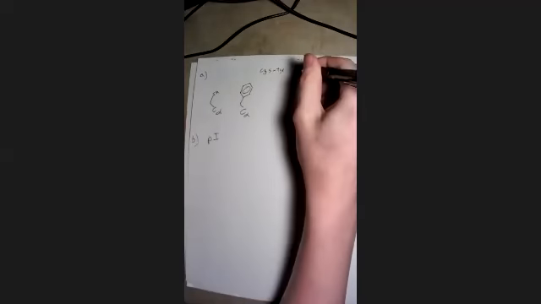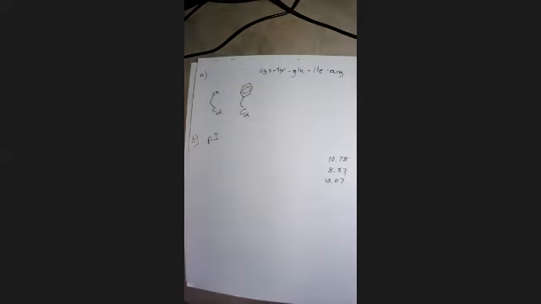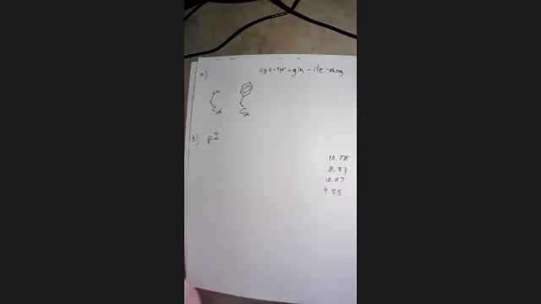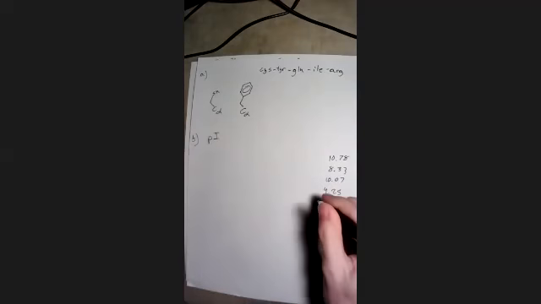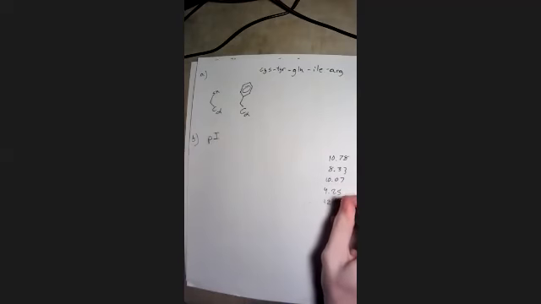Tyrosine's R group is going to be 10.07. Glutamate is going to be 4.25. And then isoleucine is not going to matter. And then arginine, its R group is going to be 12.48. And the C terminus for arginine is going to be 2.17.